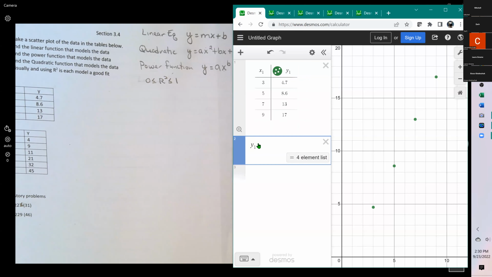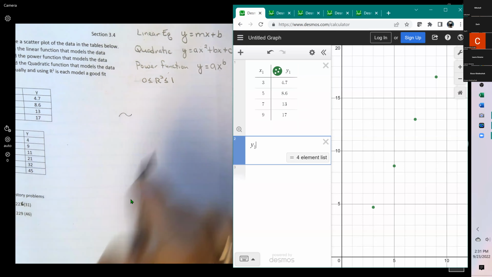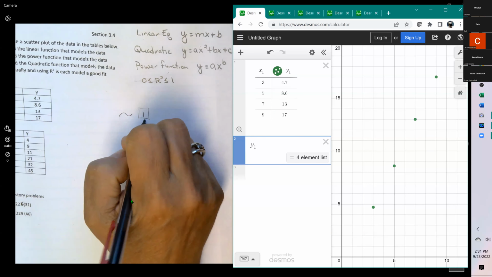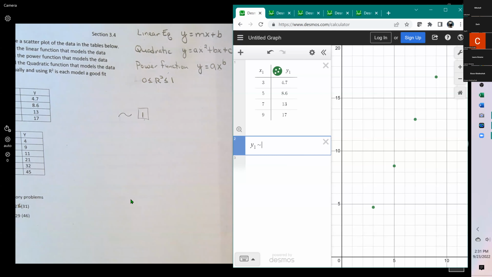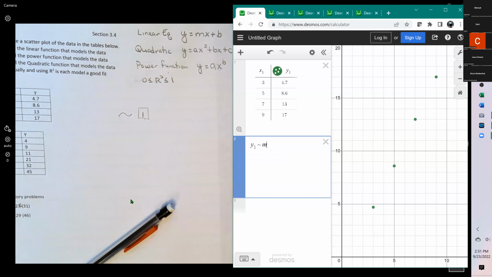The biggest mistake I see, and we don't have a test in the in-person test, but on the take home, people send me, what did I type wrong? You cannot put the equal sign here. Remember to use the little one that goes like this, right next to your number 1 on your keypad. You hit shift and that button. And then mx1 plus b.